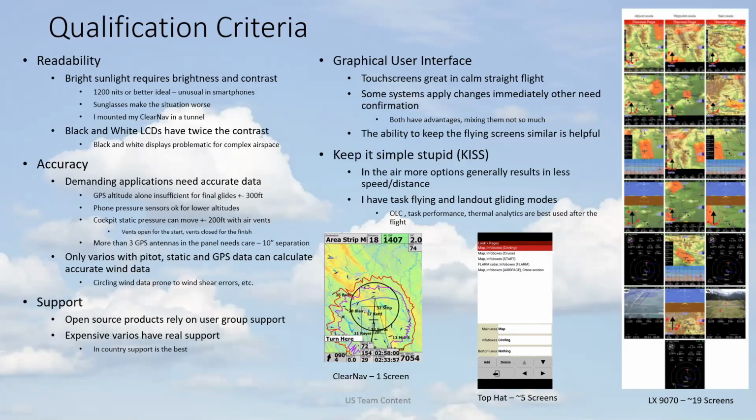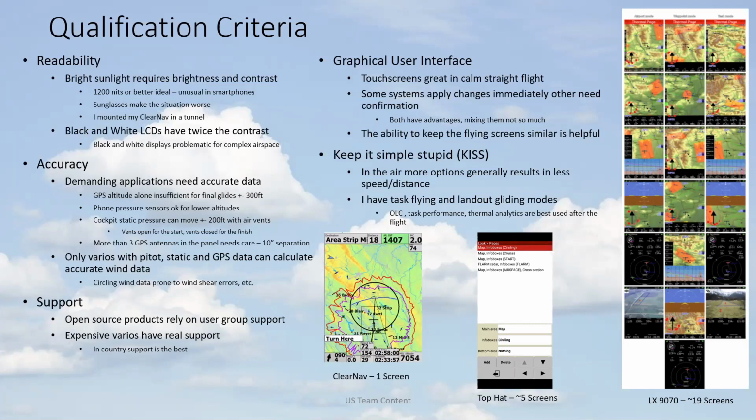So I'm going to go through some nuts and bolts of some of these things, and feel free to pipe up with any questions. But the readability of most of these instruments is pretty poor until you get up to this number, 1,200 nits. The latest generation Samsung phones actually have 1,200 nit displays, which are equivalent to my ClearNav and the LX9000 series devices.